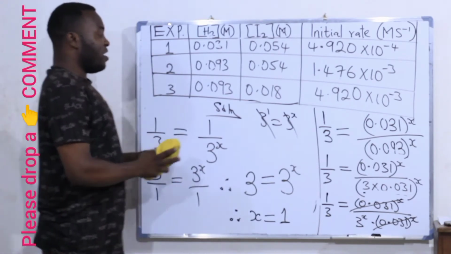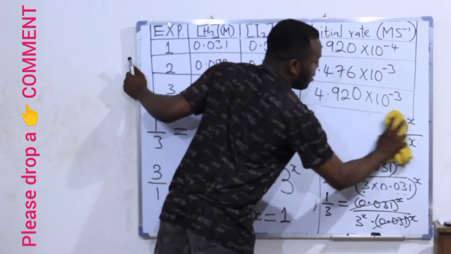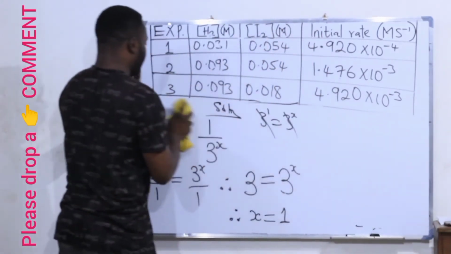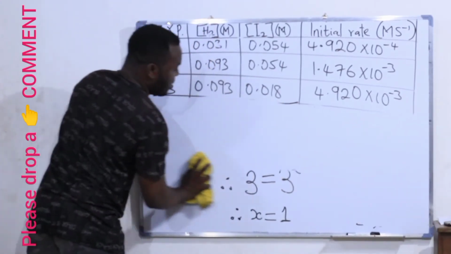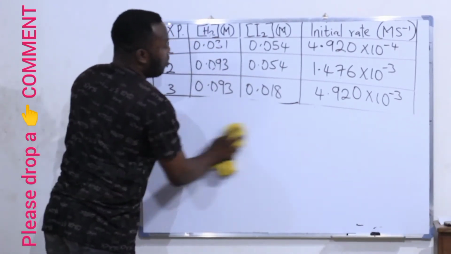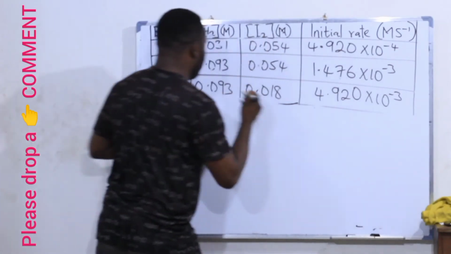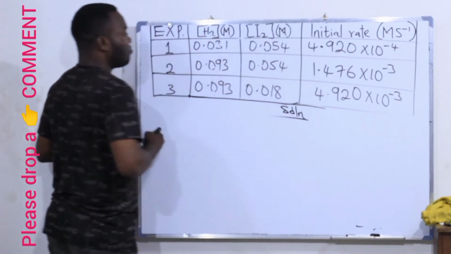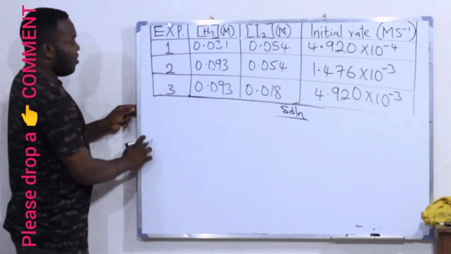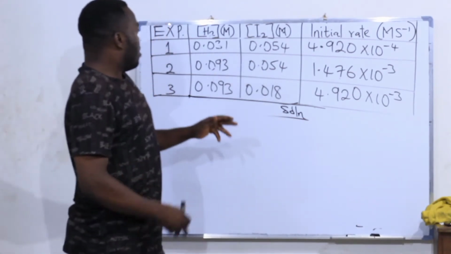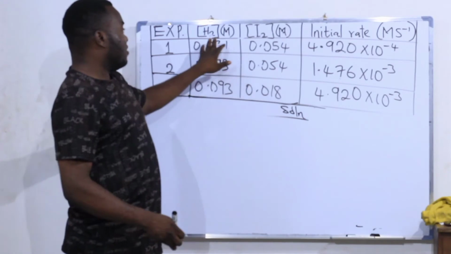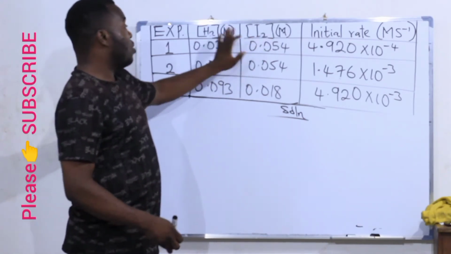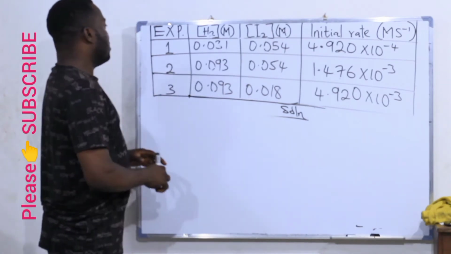I can now find the value of y. Let us proceed to finding the value of y. How do we find y? The same method. I will look for the two values that can eliminate x so that I'll find y. Remember, x is for hydrogen, y is for iodine.